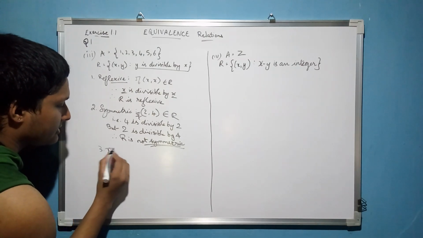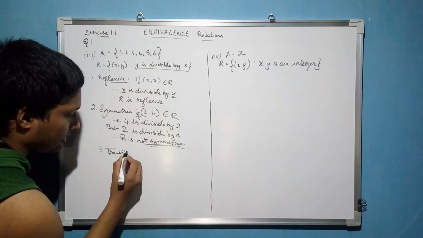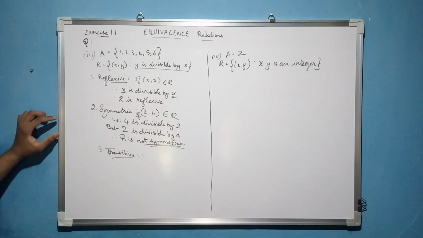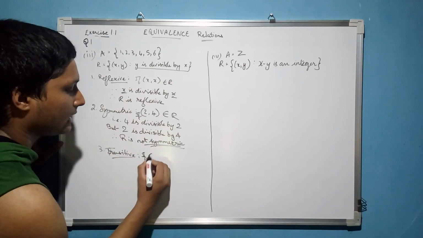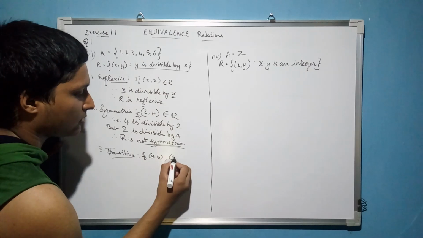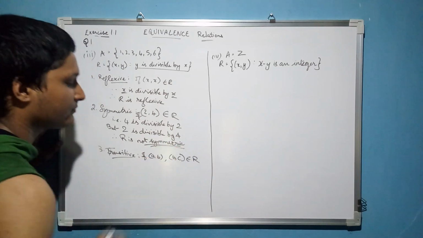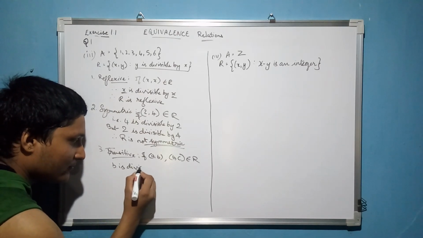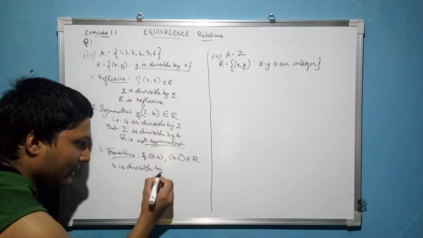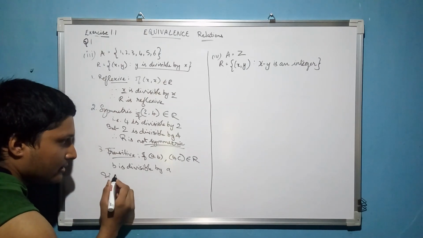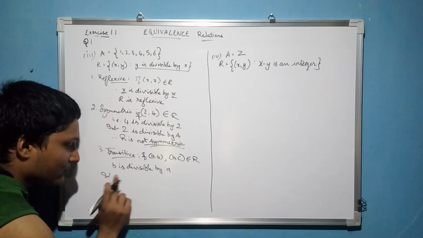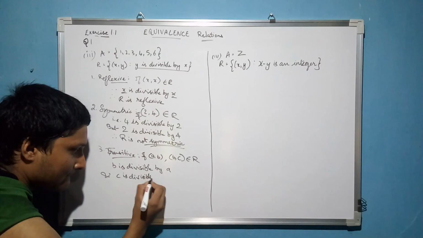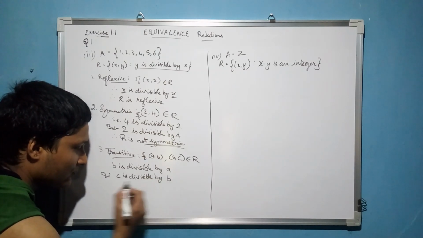Let us check transitivity. Transitive. How do you find out that? Yeah, just check a simple one. If a comma b and b comma c belong to R, that means b is divisible by a and c is divisible by b.